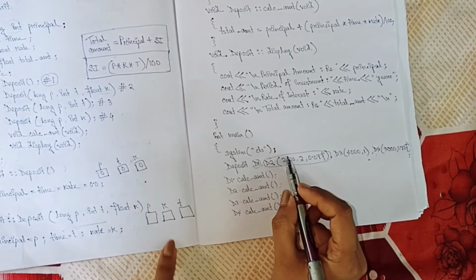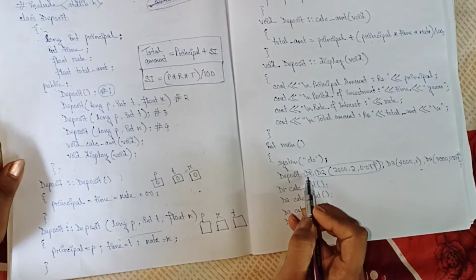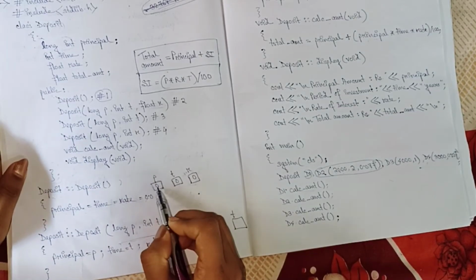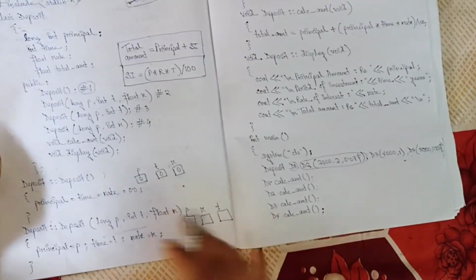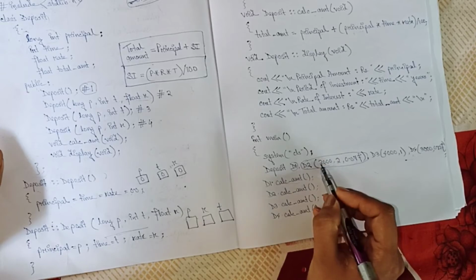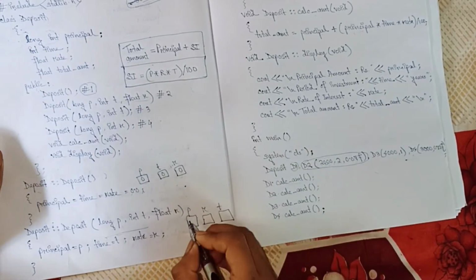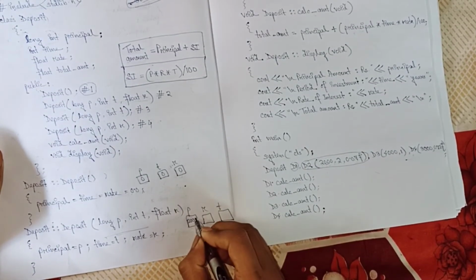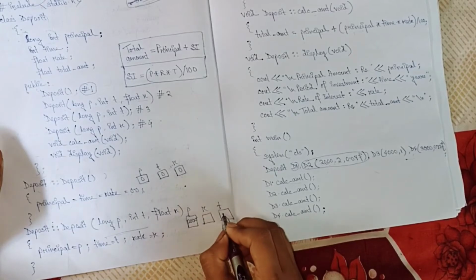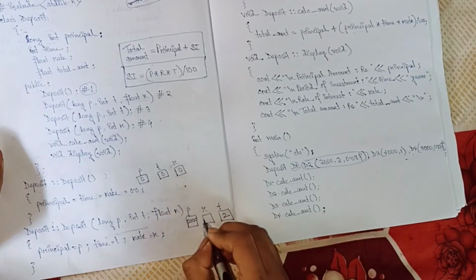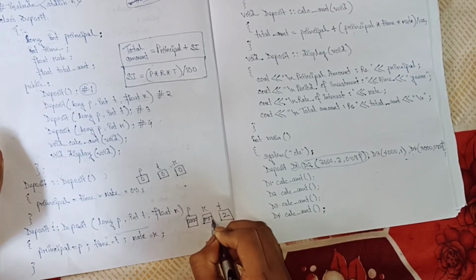When D1 is invoked, it will have 0, 0, 0 values. When D2 is invoked with these values, 2000 will be passed to P, 2 will be passed to T, and rate will have the 0.07 value.